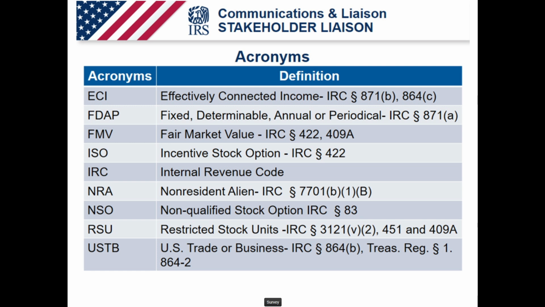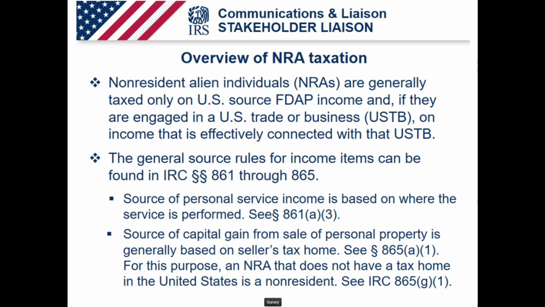As most of you may know already, U.S. citizens and resident alien individuals are taxed on their worldwide income, regardless of where it is earned or sourced. However, NRAs are taxed differently. They are taxed on a territorial system, meaning only on income that is sourced to the United States and income that is effectively connected with the U.S. trade or business.